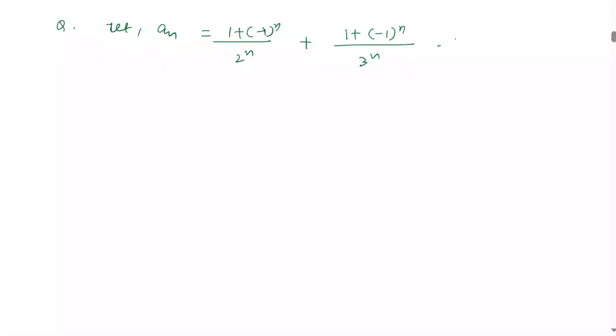Another problem for you, but this one is obviously different from the first one. Here the question is: let an equal to 1 plus minus 1 power n by 2 power n plus 1 plus minus 1 power n by 3 power n.